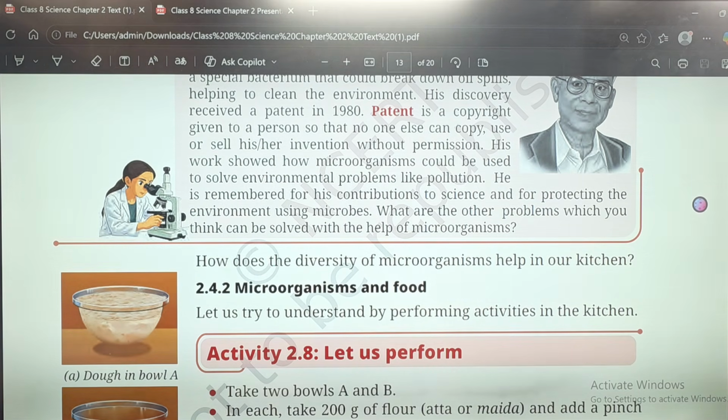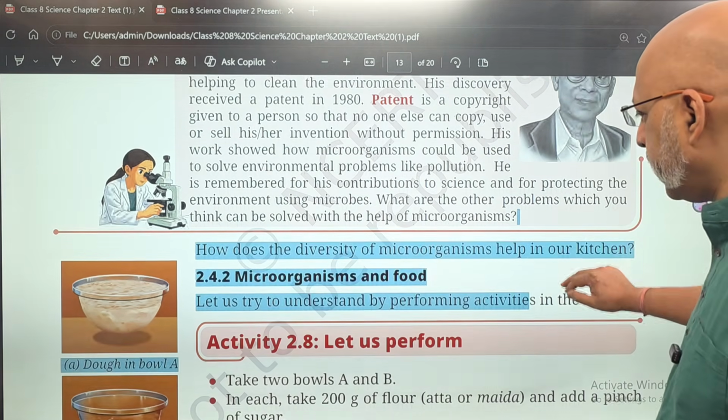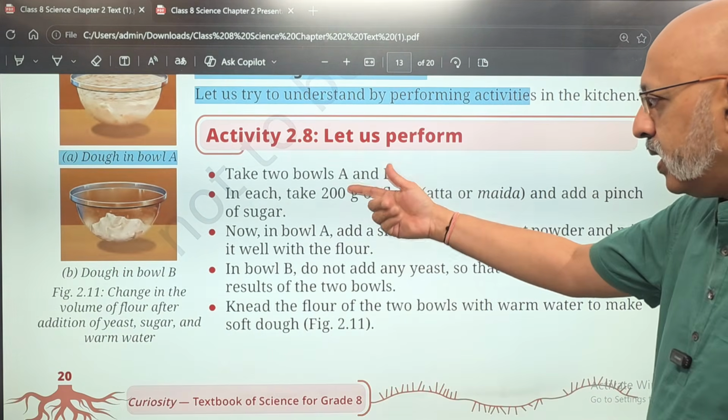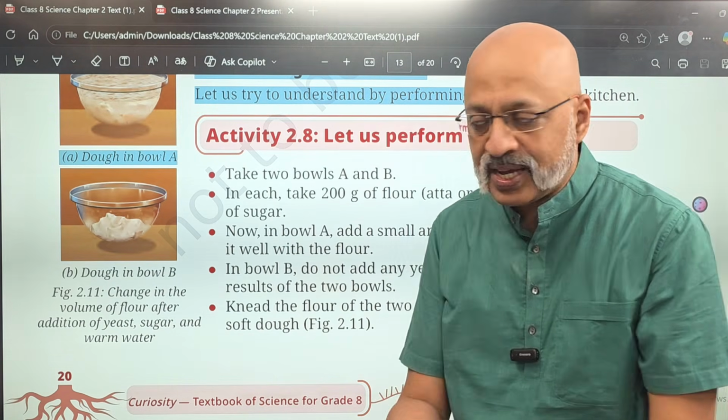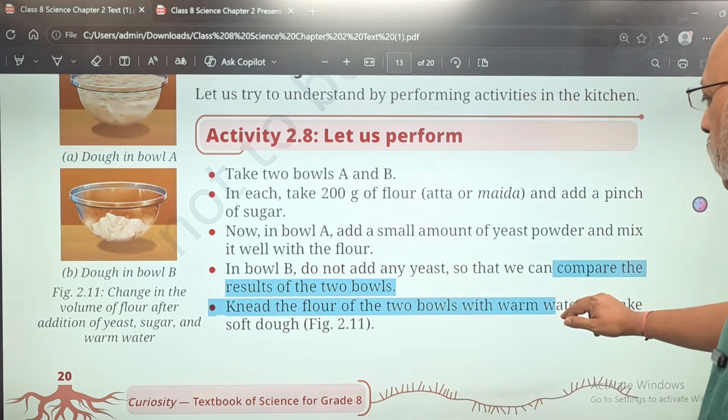Let's now go to what we've already studied about microorganisms, what kind of help they provide in the kitchen, right? I just now told you all this, so we'll go through it quickly. This is an experiment about how you make the dough, which means essentially the atta, right?